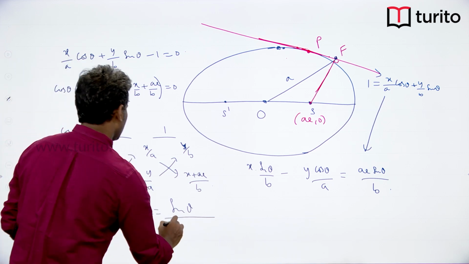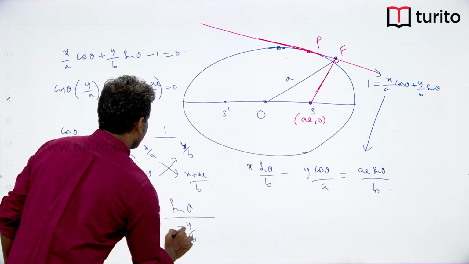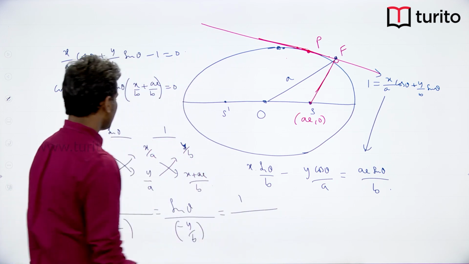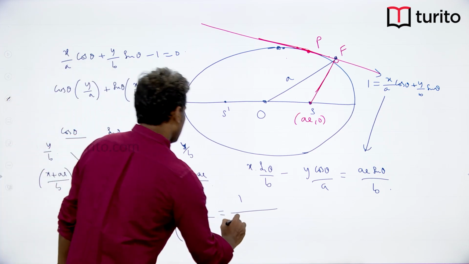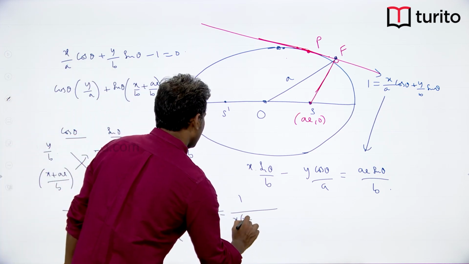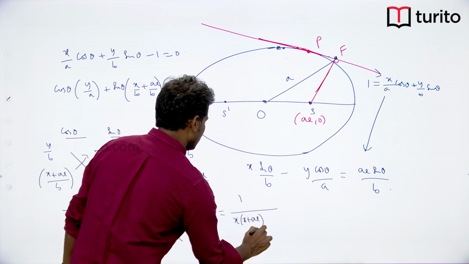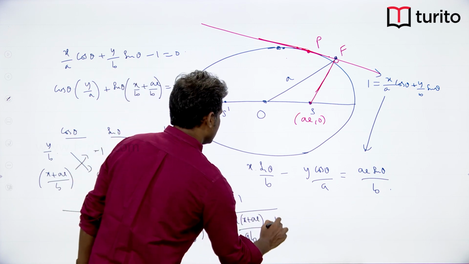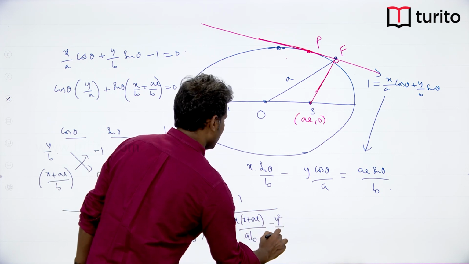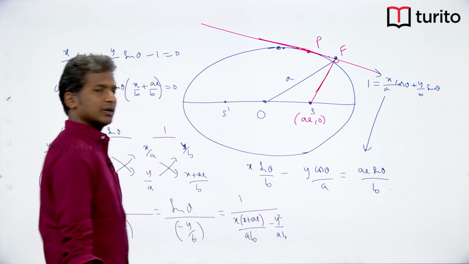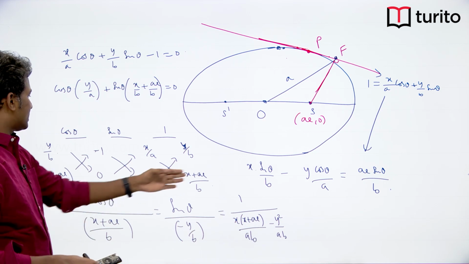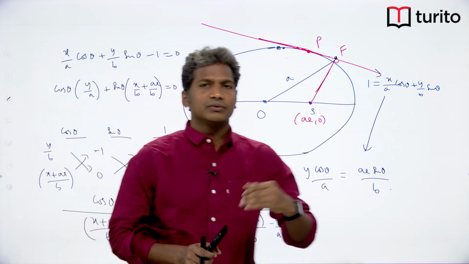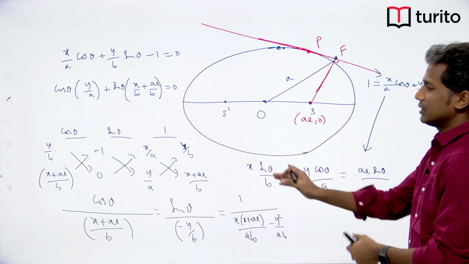So, here we will get minus y by b, is equal to 1 by, what do we get here? x into x plus AE by AB minus y square by AB. This is what we got. So, directly get cos theta here, sin theta here, and then cos square theta plus sin square theta equal to 1. Just put that condition, you will get the locus.